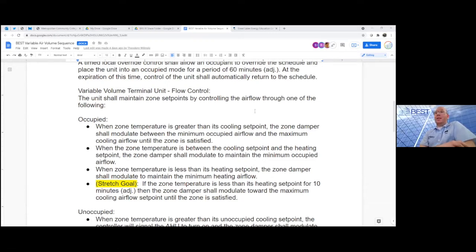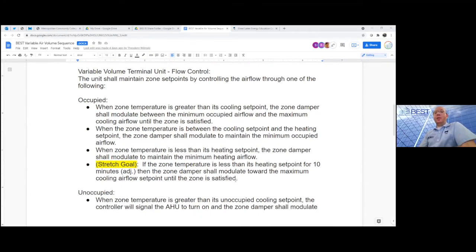When the box is satisfied, we will stay at minimum airflow during occupied mode. When we're calling for heating, we're going to go towards a heating minimum set point. And one thing that we're starting to see in a lot of boxes is that they will start modulating towards a maximum airflow if the heat requirement is not satisfied within a certain period of time.